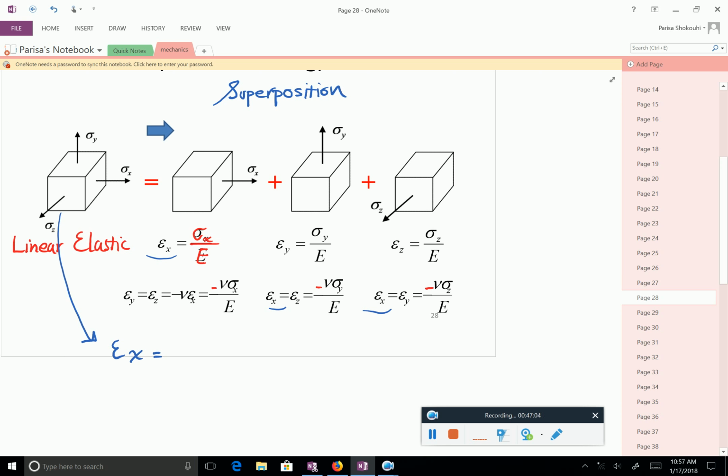Now, if I want to know how much epsilon x is, it is the epsilon x from the first block, plus the epsilon x from the second block, which is negative Poisson's ratio times the stress in the second block, plus the epsilon x in the third block.